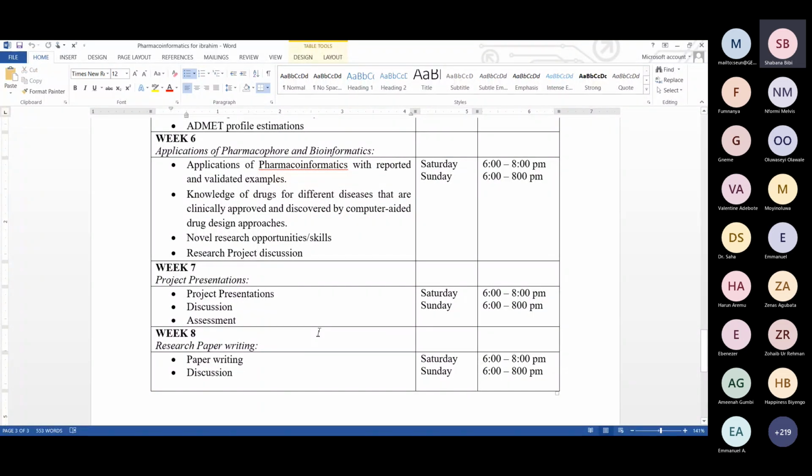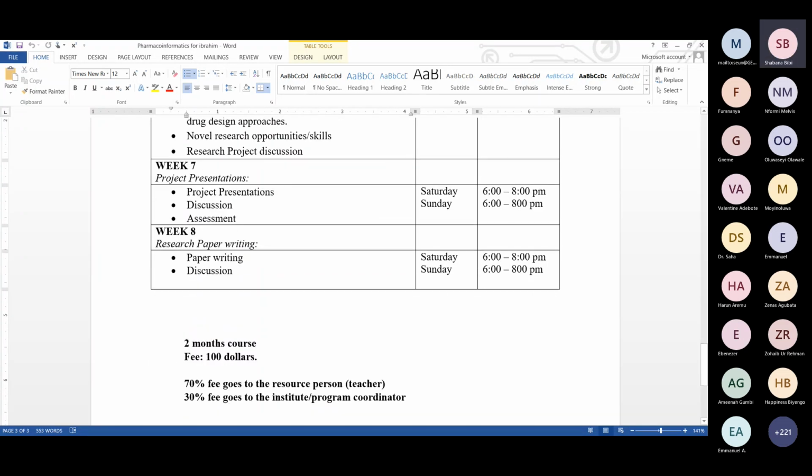I will teach all techniques, all kinds of data applications, target retrieval, ligand retrieval, and the application of different computational techniques over those. From raw data to significant information would be retrieved until the 7th week. Then you would present some of your results in front of us, and on the basis of that we will do an assessment and provide results in the form of marks and grade as well.